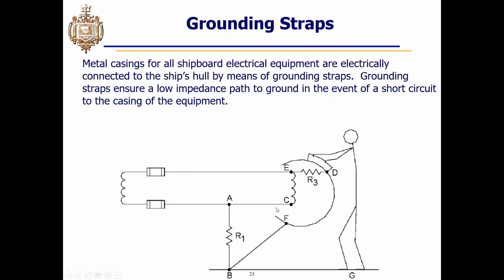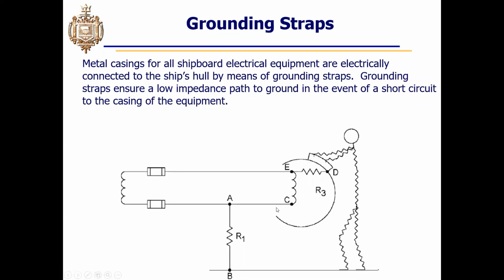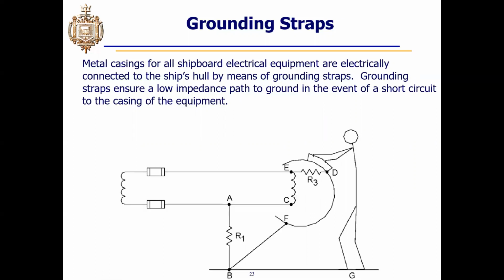But if I were to take this grounding strap out, there could possibly be enough energy in the circuit to energize just the atoms in this case, to bring those atoms in the case of the component up to conduction band. But there's never enough energy to energize the hull.